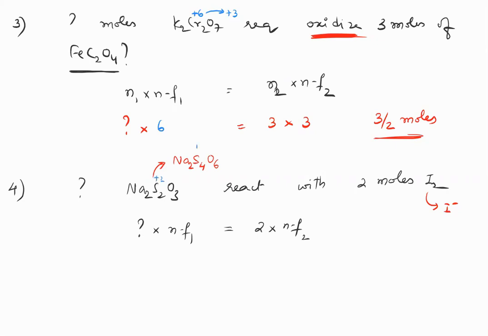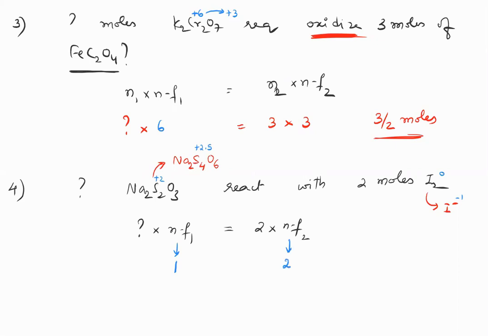So sulfur is going from +2 to +2.5, changes by half, and there are 2 sulfurs. So N factor is 1. Iodine goes from 0 to -1. Change is 1, 2 of them.